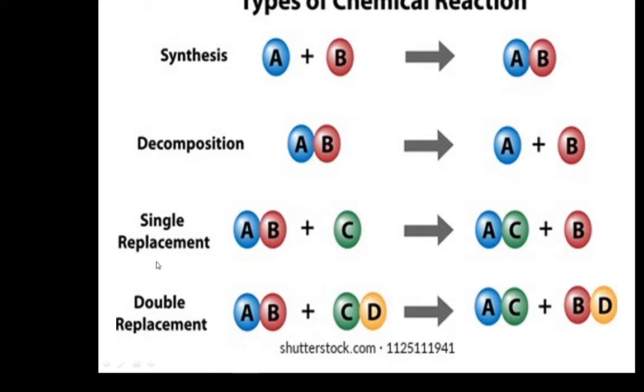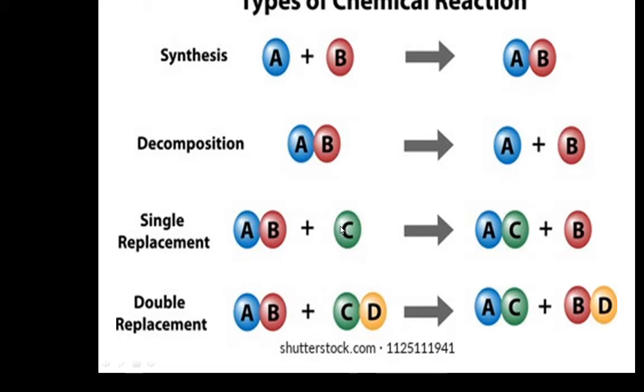Now the third kind of reaction is the single replacement reaction. AB is one reactant and C is the other reactant.